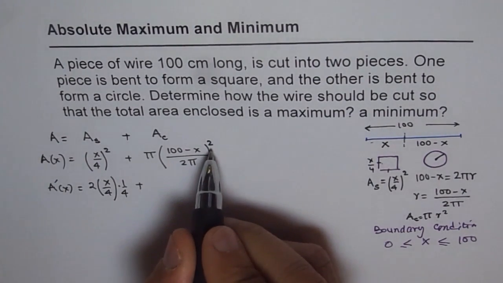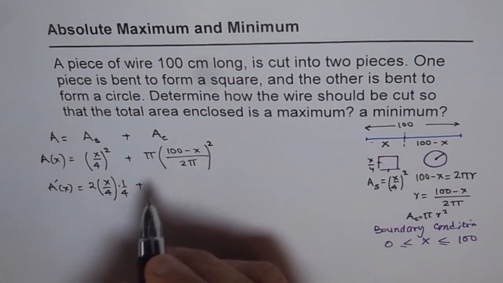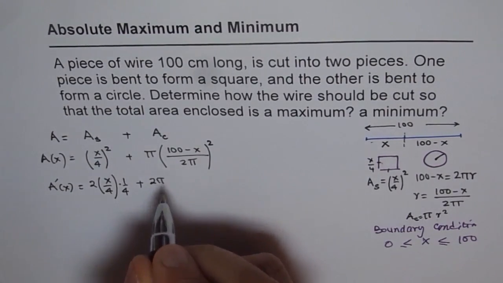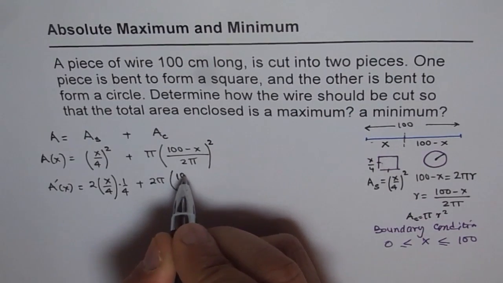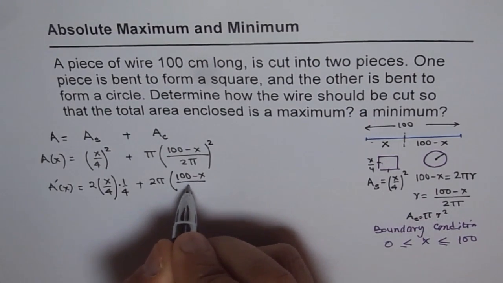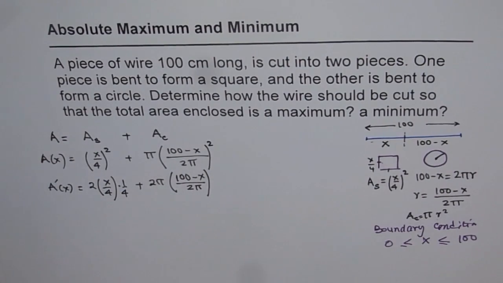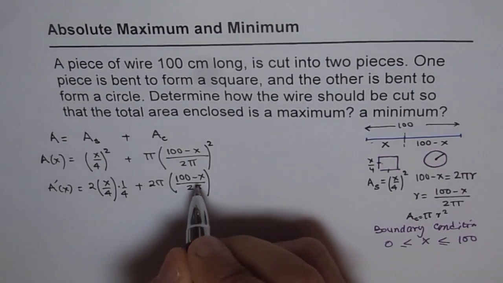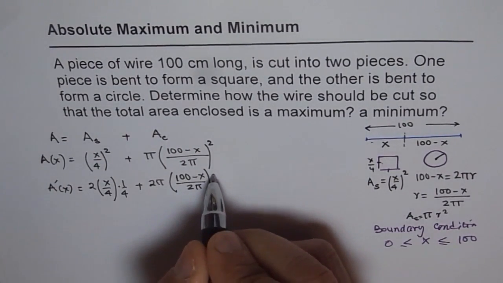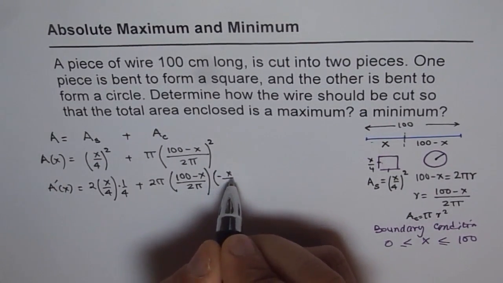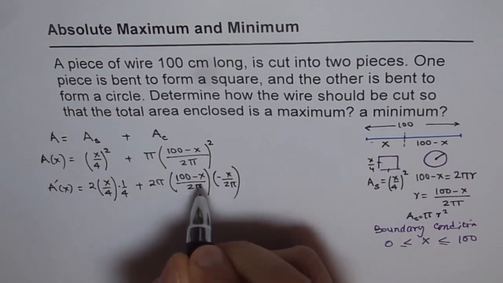So we have the derivative of this: 2 pi times the function, which is 100 minus x over 2 pi, times the derivative of this function, right? Now the derivative of this function is minus x over 2 pi, correct?